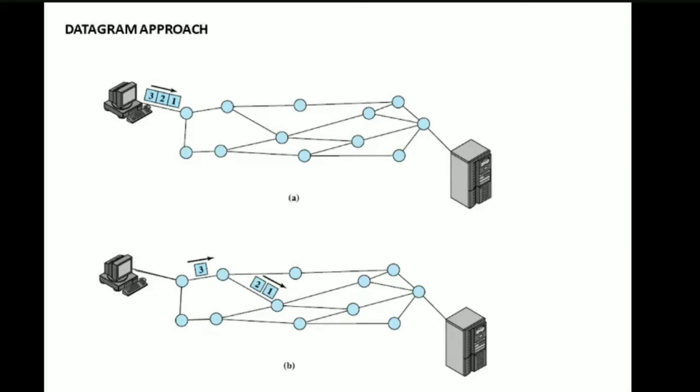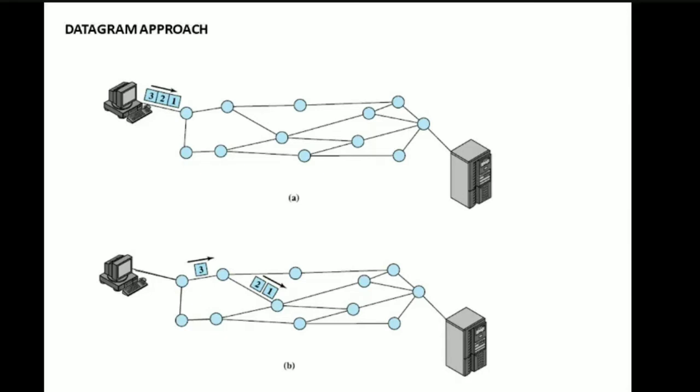In this datagram approach, each packet is treated independently. Remember, very important, each packet is treated independently. That is, one packet being transmitted in the network has no relationship with the other packets.